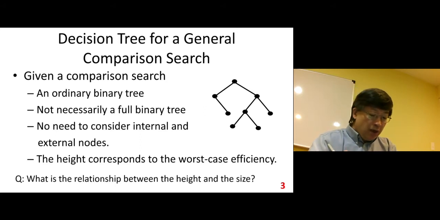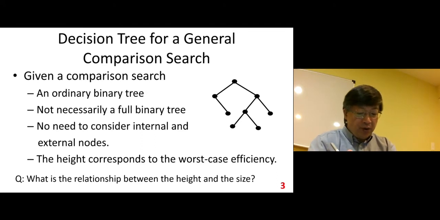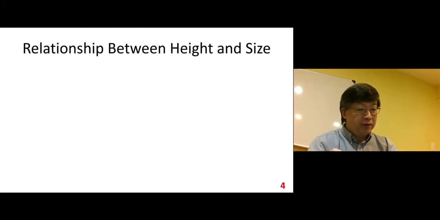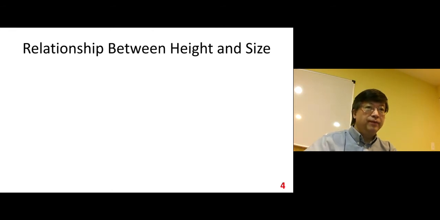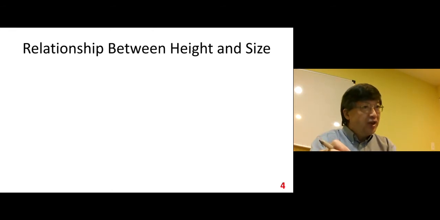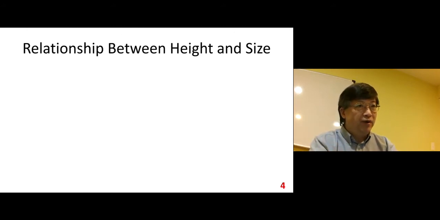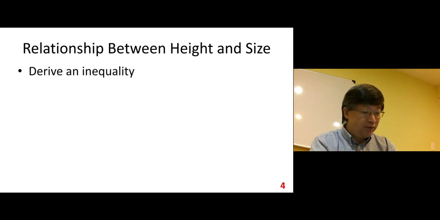So what is the relationship between height and size? We need to derive this relationship to give us the lower bound. Actually, we use a similar way to what we did in part B.4. The procedure is almost the same.